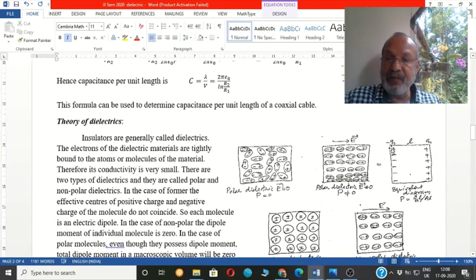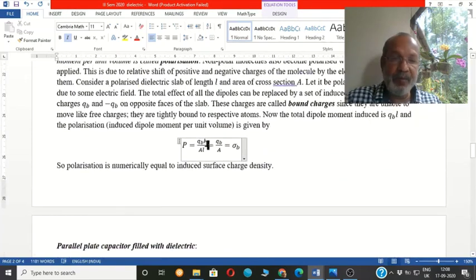If the dielectric is in the form of a parallelepiped having length L and area of cross section, which I haven't shown here, say area A, then the volume of the specimen will be A into L. So total dipole moment is QB into L, and the total volume is A into L. So total dipole moment by total volume is dipole moment per unit volume, and that will be equal to the polarization P. So polarization P is, you cancel L in the numerator and denominator, then you will get QB divided by A. QB divided by A is the charge per unit area, so that is equal to sigma B.